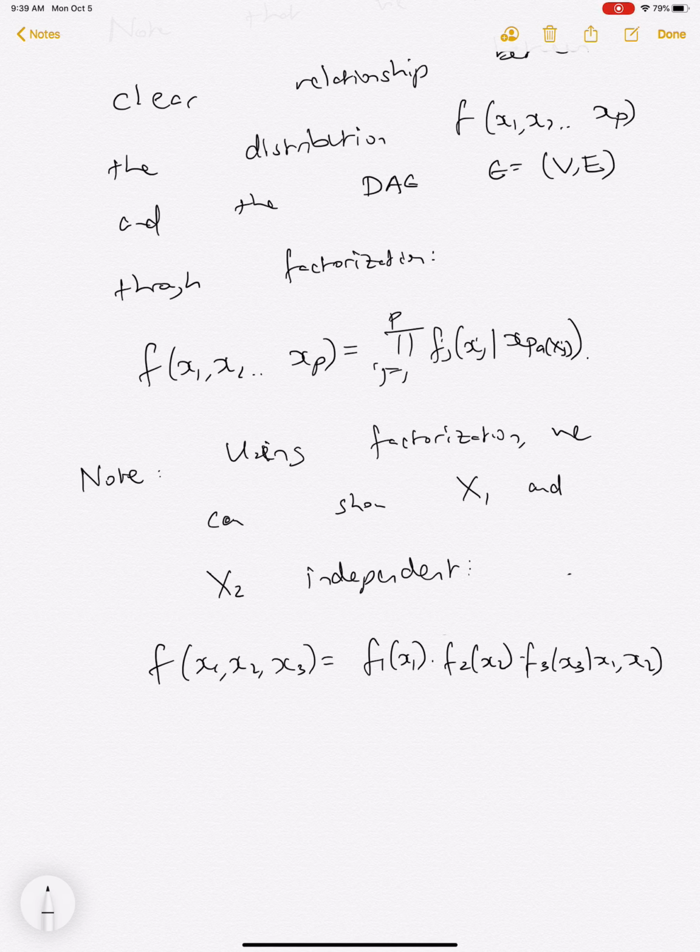We have this factorization for the coin plus bell example.